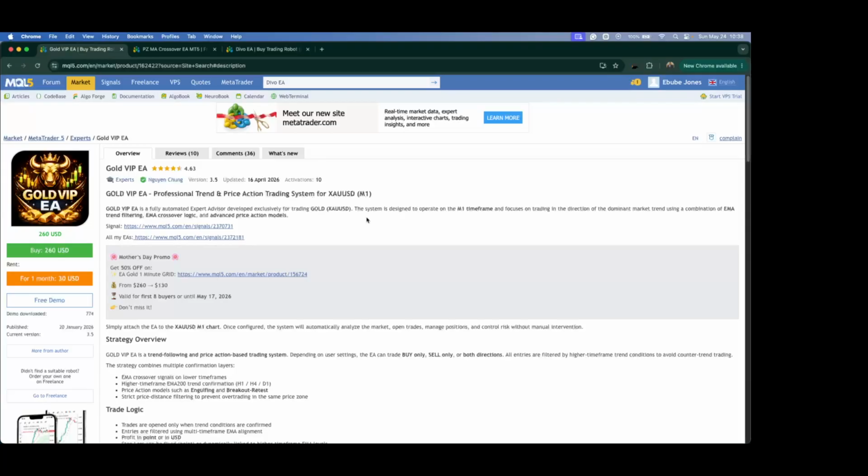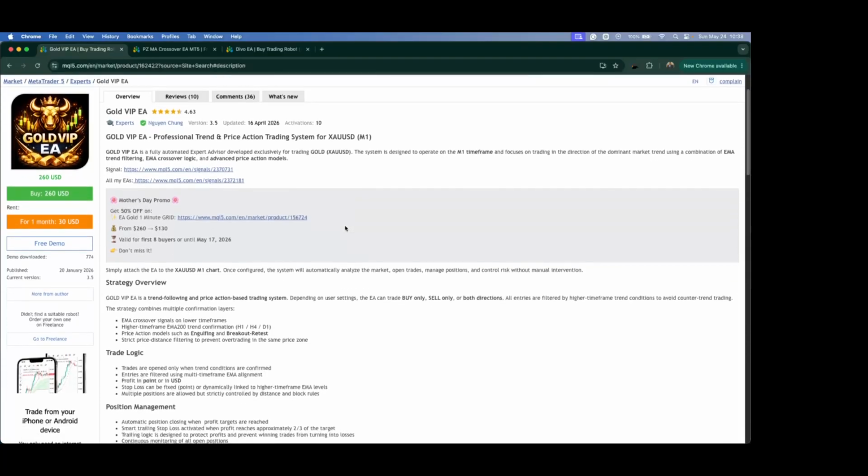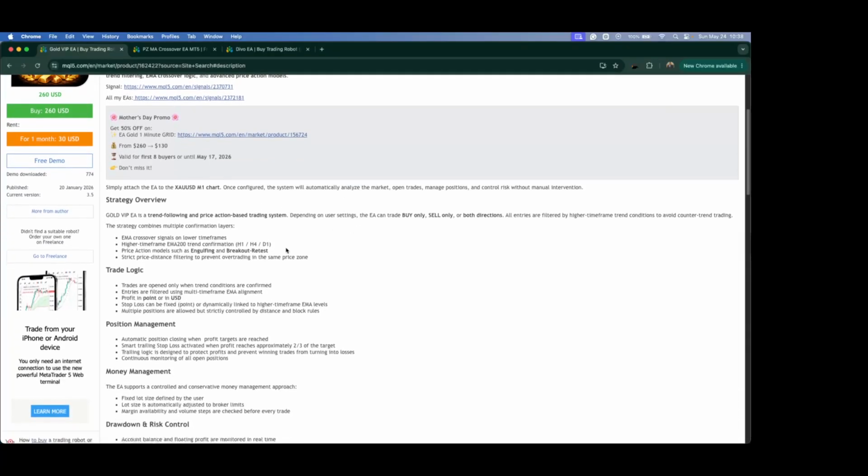The EMA is just the exponential moving average, and then it uses this EMA crossovers on the 1 minute for precise entry timing. They also incorporate price action confirmation like engulfing patterns, breakout retest setups to filter out weak signals.